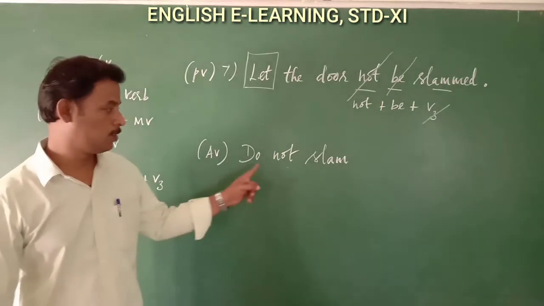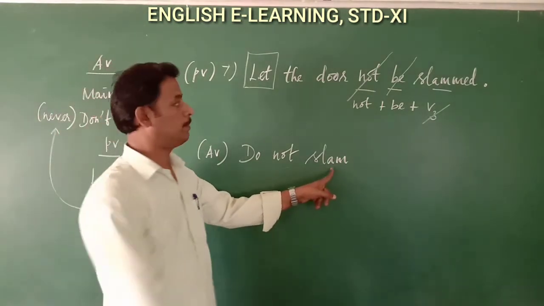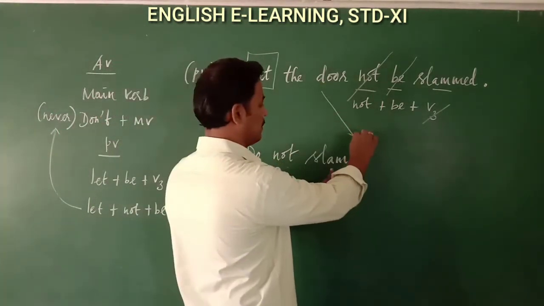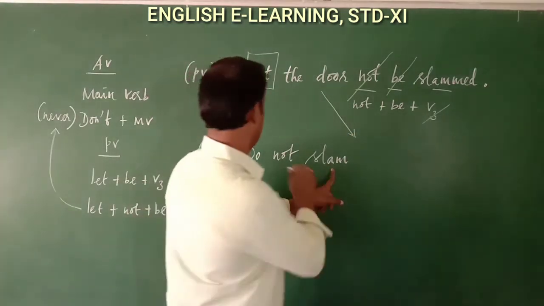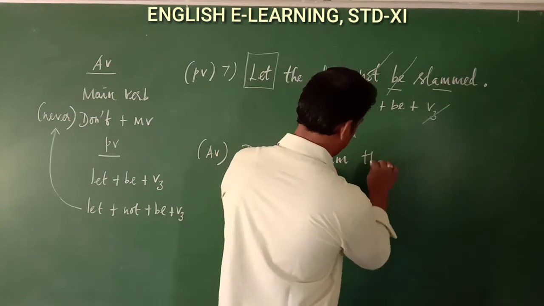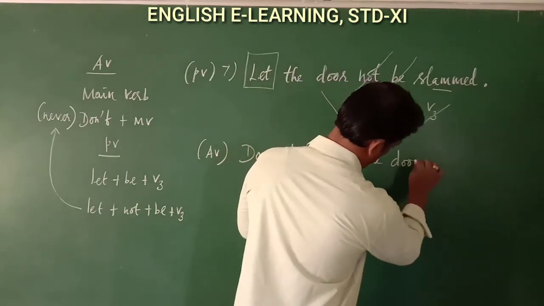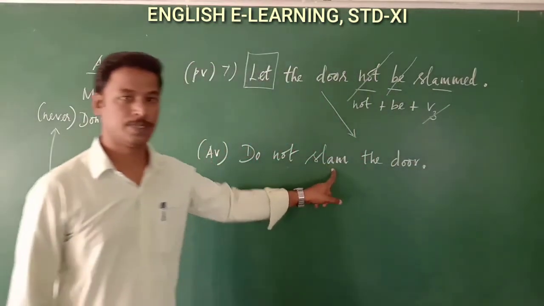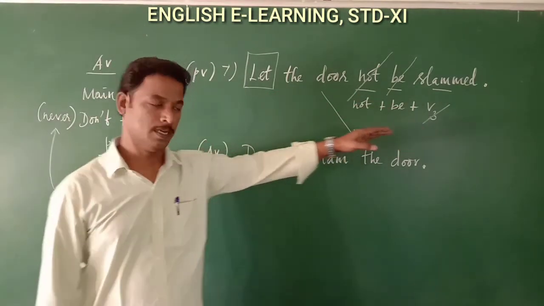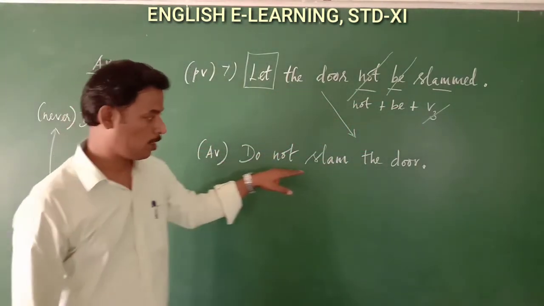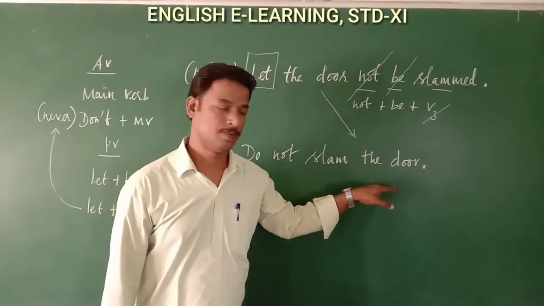Right? Do not slam. The remaining part is an object. The object must be written at last. Do not slam the door. Okay. Let the door not be slammed is changed as do not slam the door.